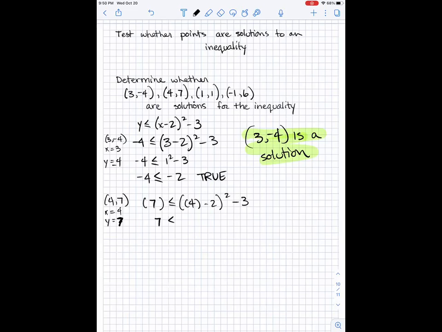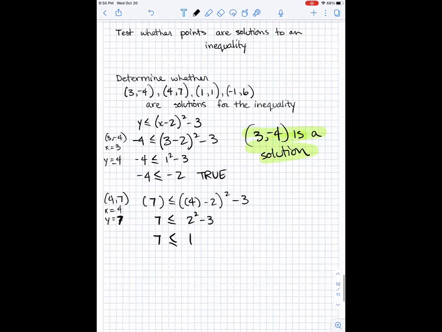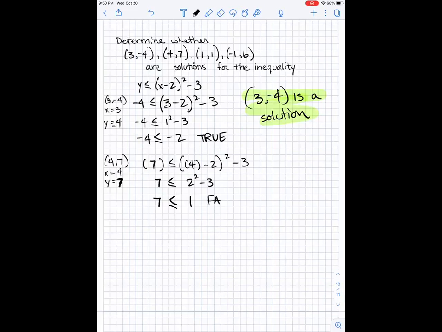So 7 is less than or equal to 4 minus 2, which is 2, squared, minus 3. So 7 is less than or equal to 4 minus 3, or 1. Now, this is not true. 7 is not less than or equal to 1, so this is false. And what that means is that 4, 7 is not a solution.